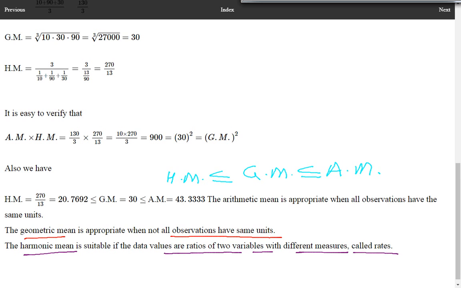These are also called rates. So this was a brief introduction of three means: arithmetic mean, geometric mean, and harmonic mean.